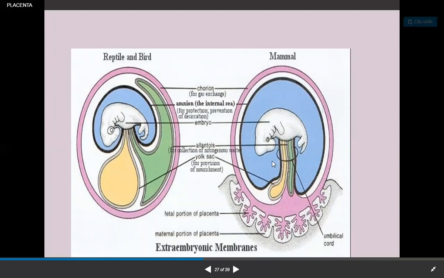This one is the yolk sac, and this one is the umbilical cord. And this one is the placenta, that is the fetal portion of the placenta. And this is the maternal portion of the placenta. So these are the extra-embryonic membranes. This is in reptile and this is in mammal. What is the difference? This one is more in reptile and bird.